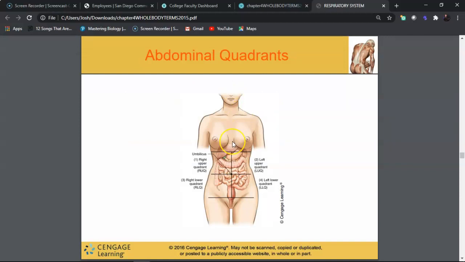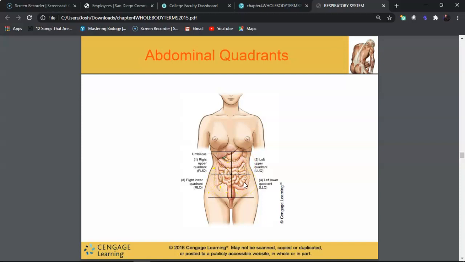This is more prototypically used in the clinical setting. The umbilicus is here, it's the midpoint, and then you just make a cross, and then we have here our right upper quadrant, left upper quadrant, right lower, and left lower.